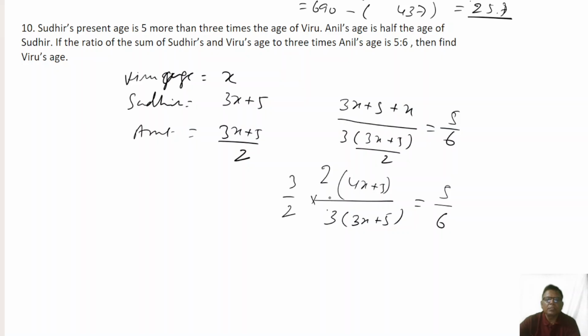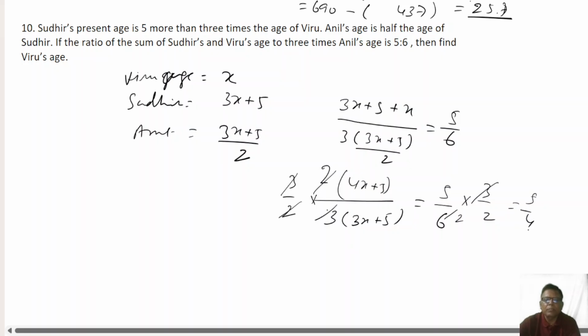So you multiply by 3 by 2, and here also you will have to multiply by 3 by 2. So 5 by 4. Now cross multiply: 16x plus 20 is equal to 15x plus 25. Then it will be x is equal to 25 minus 20, which is 5. So this is the answer.